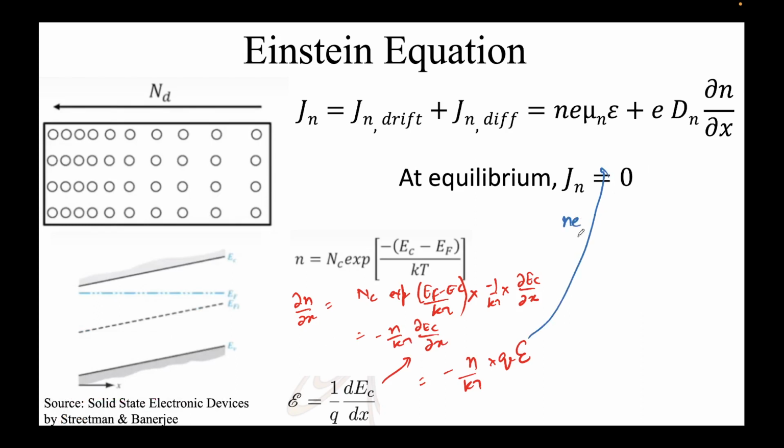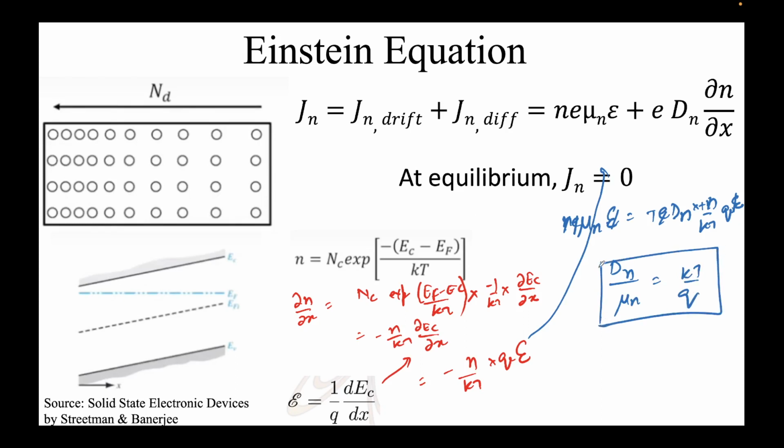It will be n e mu n into electric field E equal to minus e Dn times the expression, which is minus n over kT q times field E. You rearrange the terms, the minus minus gets cancelled, n, e and the field E get cancelled, everything gets cancelled. You will get Dn over mu n equal to kT by q.